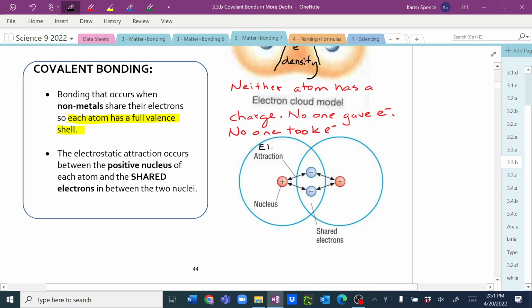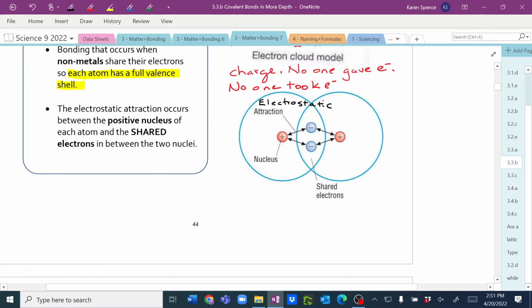Okay, so this is electrostatic attraction. If I have an ionic bond, by comparison, and I have a positive and a negative, what kind of attraction do I have there?